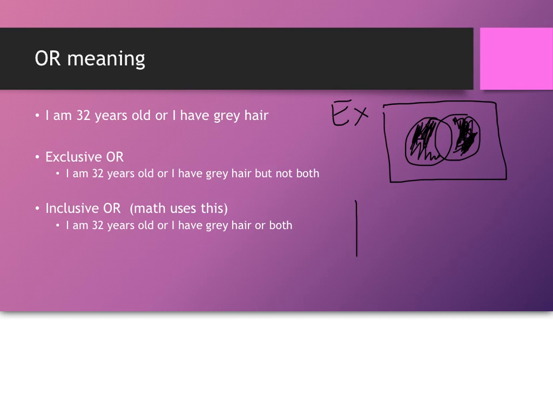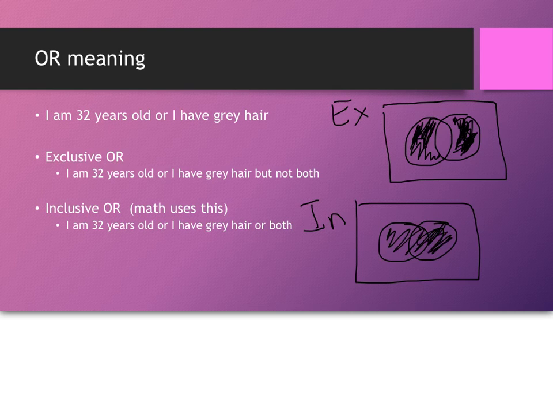The inclusive or, well, that can include the intersection. It could be both. So if I am 32 years old and have gray hair, this statement would apply to me using the inclusive or.